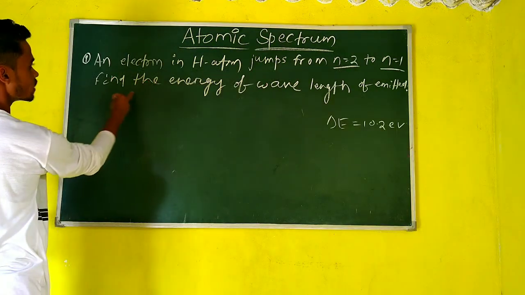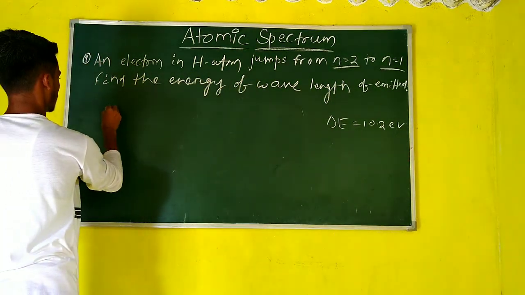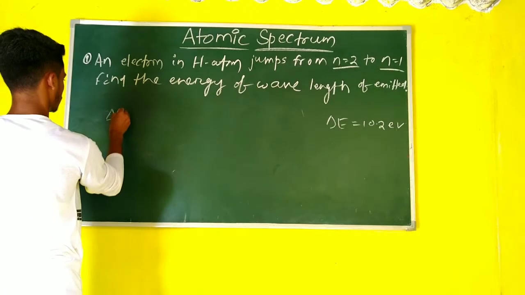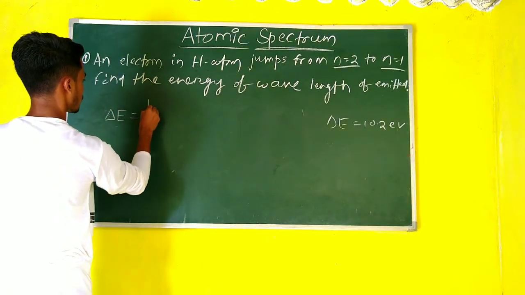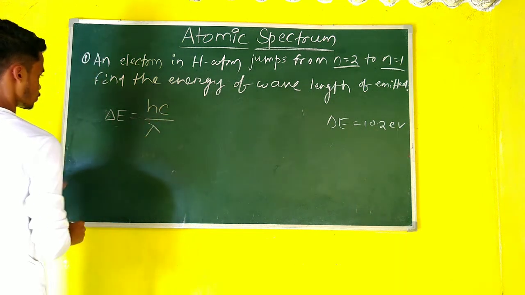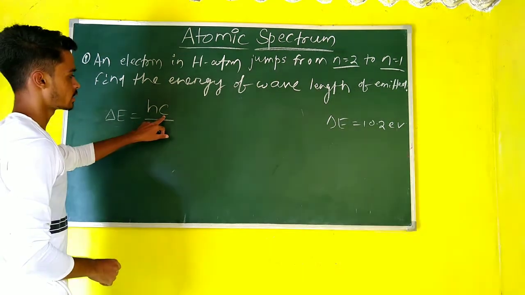Then students, find the wavelength of the emitted radiation. Delta E equals hc by lambda. Here h is Planck's constant and c is the velocity of light.